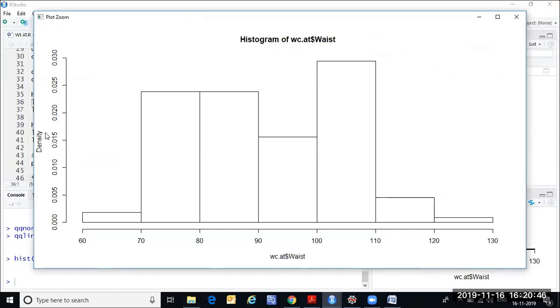We have the density on the column. This is a probability. So where do we have the highest number of data points, in which probabilities? Between 0.015 and 0.25 or 0.30. That's where most of the data is lying.